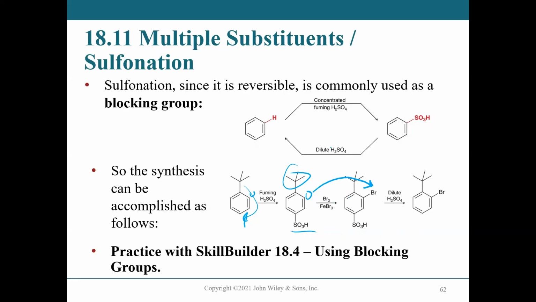And then if we reverse the reaction right here, we're going to get rid of this SO3H group, which is dilute H2SO4 going in the reverse direction. So these are really interesting concepts going on now.